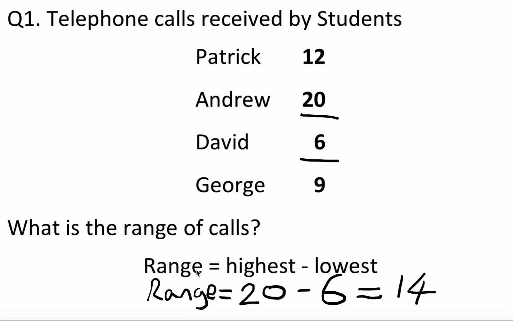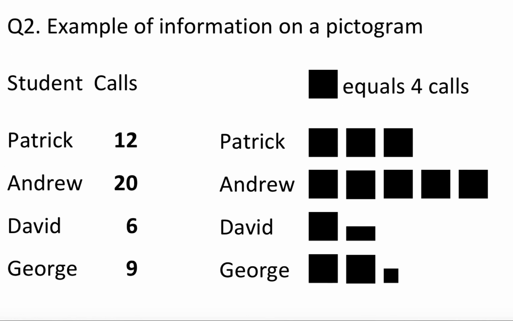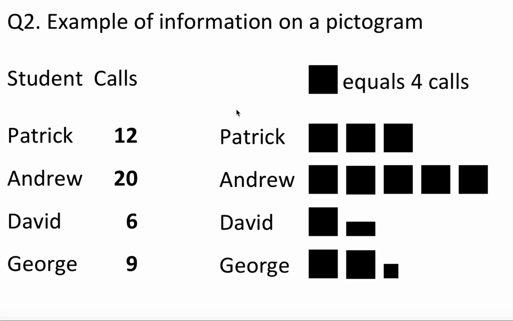So the data is laid out there with the students and numbers. But I think there's another way of laying out the data. Let's have a look. Yeah, so you can use pictograms to represent data, and sometimes that's easier. Visual representation is easier for people to look at.